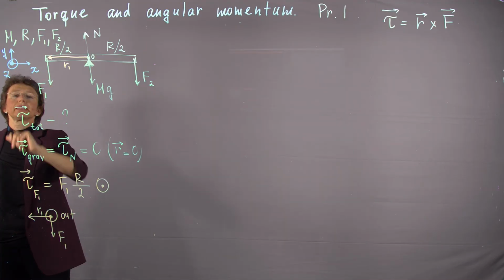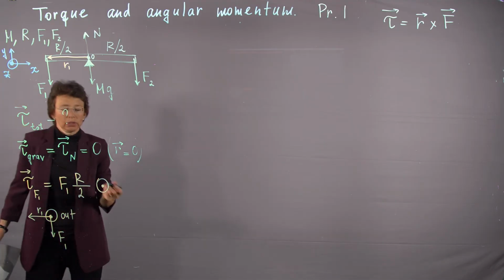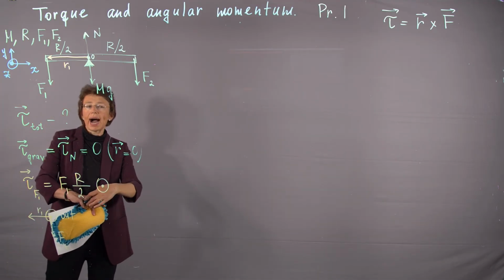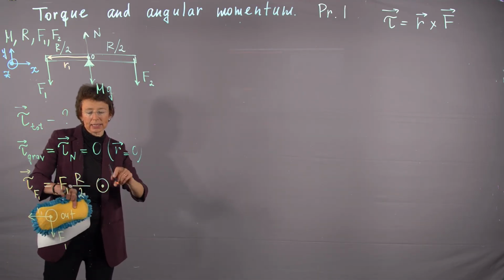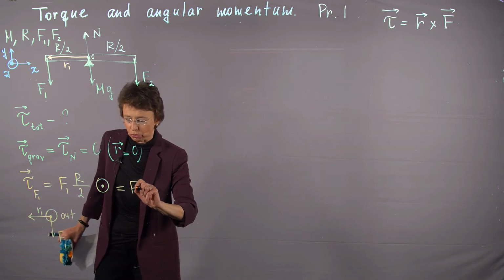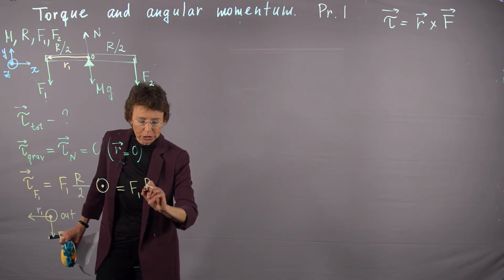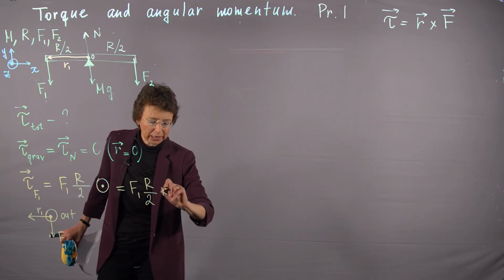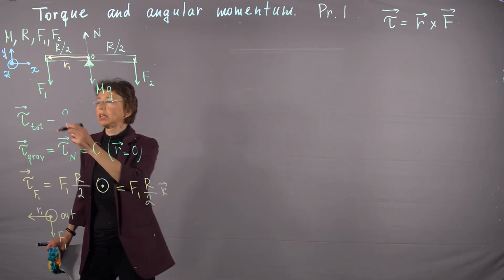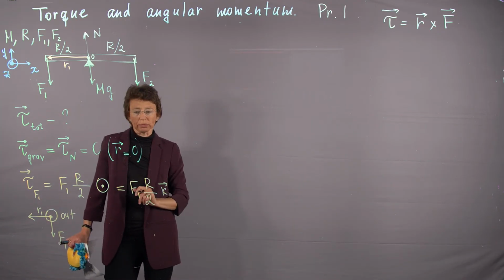This is x, this is y, and z is out. With unit vectors i, j, and k, as in the previous video, I can write it as F1 times R over 2 times unit vector k, in the direction of positive z. We found tau F1.